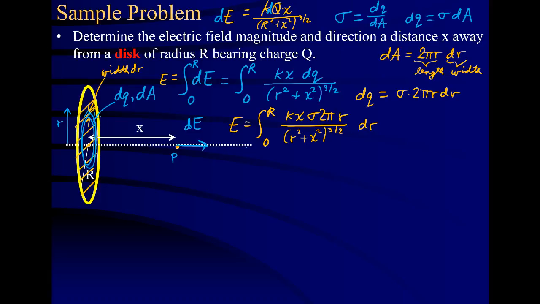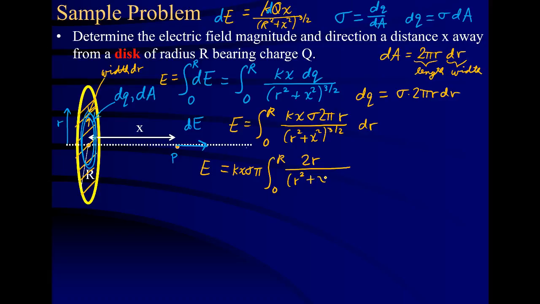Let's clean that up a little bit. Let's take all our constants out. It's still from 0 to R, but now what's going to be constant? Well, everything basically: k, x, sigma, and then pi. Now, it turns out that to make life a little bit easier, we want to leave the 2 up there along with the r, and you'll see why in a moment.